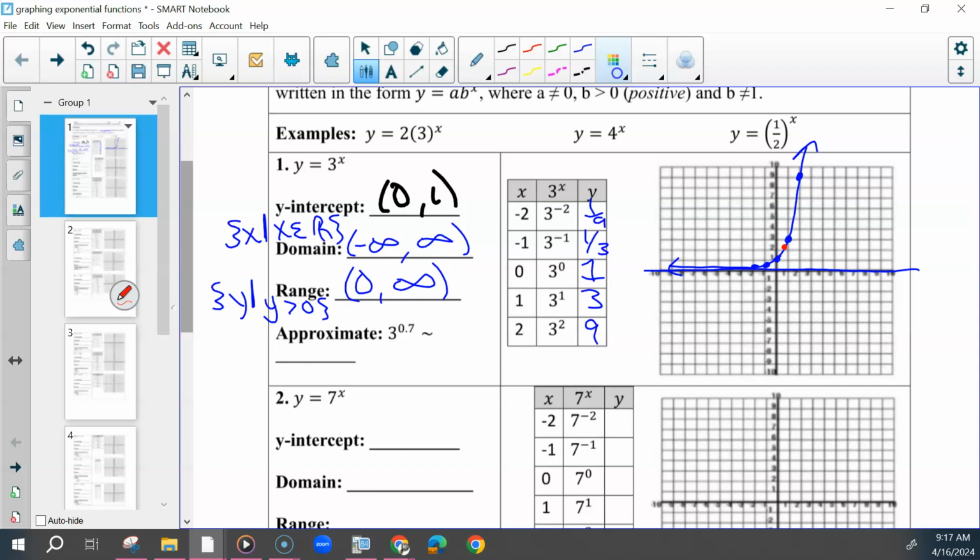But if I had to guess, I would say like 2.1. Anyone else want to take a guess as to what that might be? I know it would have to be in between 1 and 3 because 0.7 falls within this.